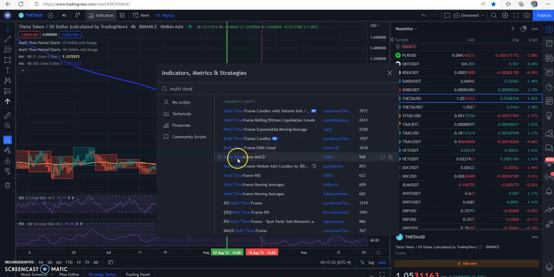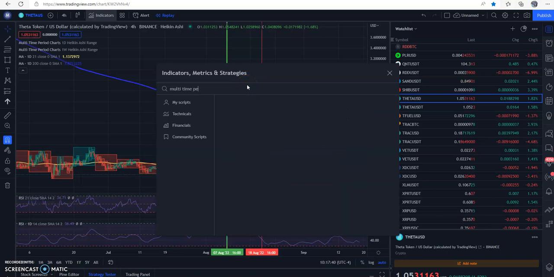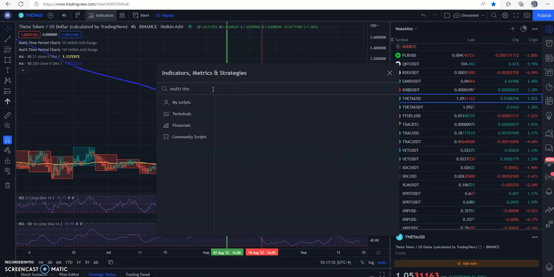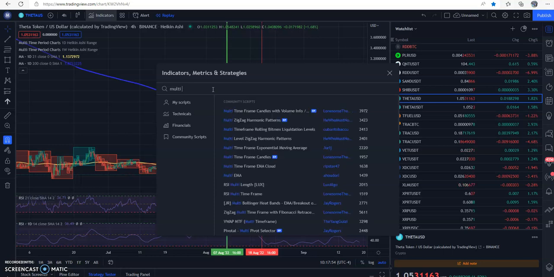And of course you have many different things to choose from here. Let's see what happens when I do this. Alright, so this is version 2. Some of these change periodically. So let's just put multi in here and see.